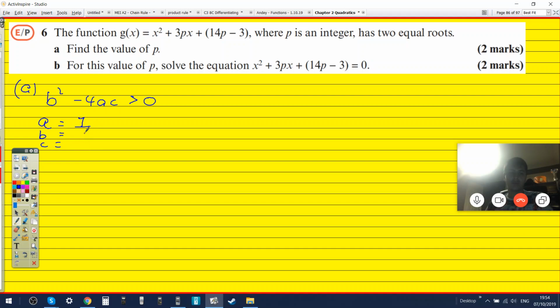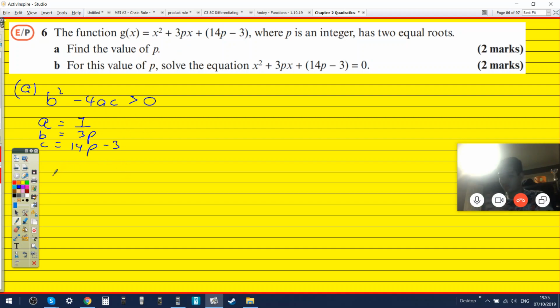B is 3p. C is 14p minus 3. Yeah, and that's because p is just a number, so that will end up with just a number in front of x and so on.